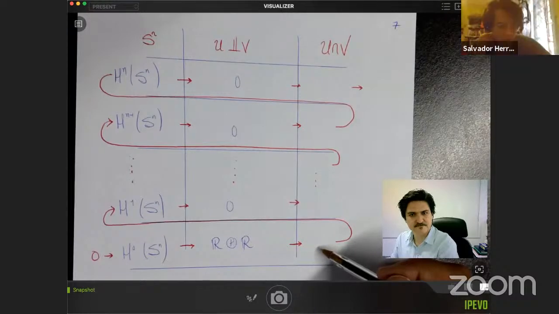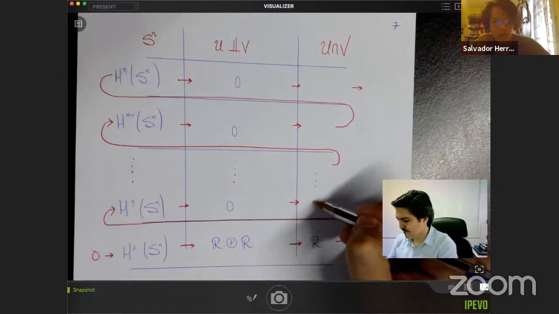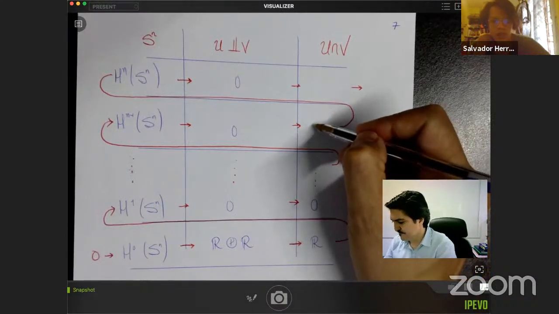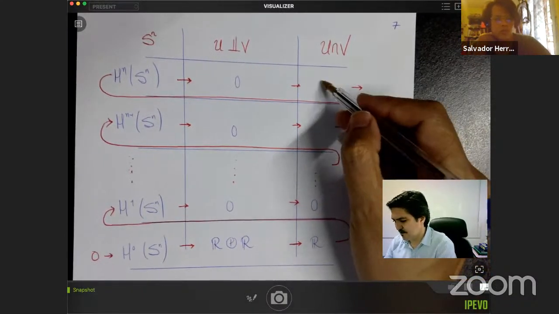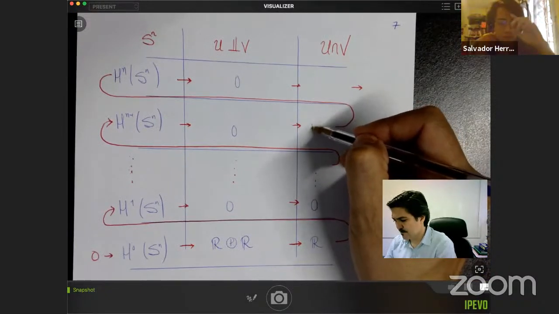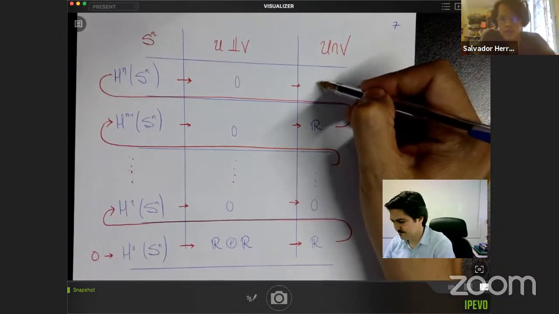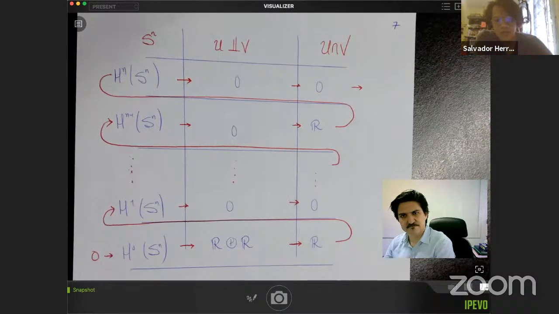First one is going to be R, and zeros all the way up to the last one, which is R. And then 0.